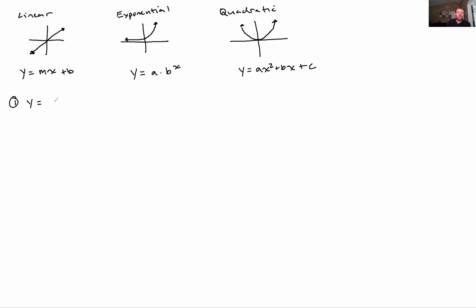If I have something like y equals 3x plus 6, for instance, I don't have an exponent as a variable and I don't have an x squared. Therefore, this would be a linear function.